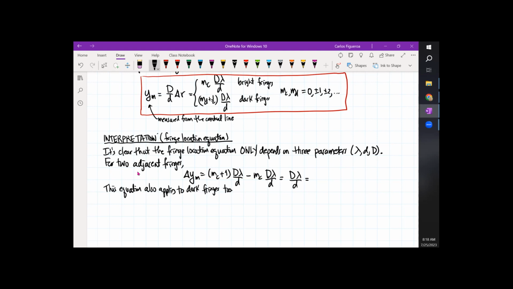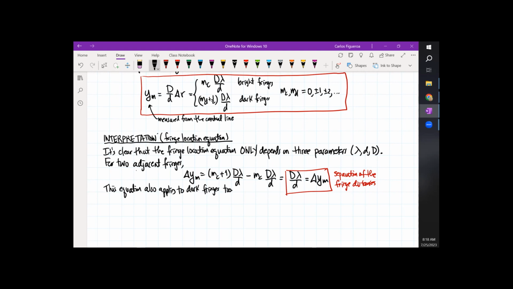My focus now is that this equation tells me about the separation of the fringe distances between adjacent fringes.